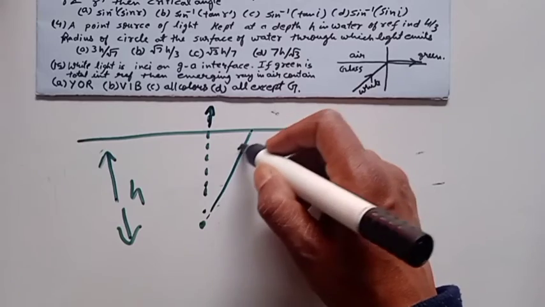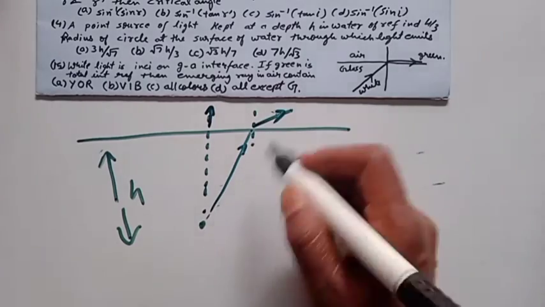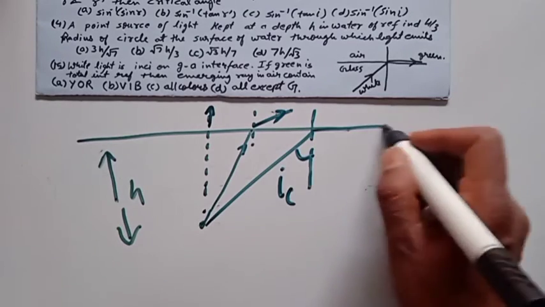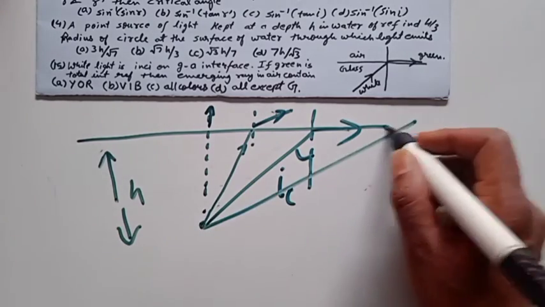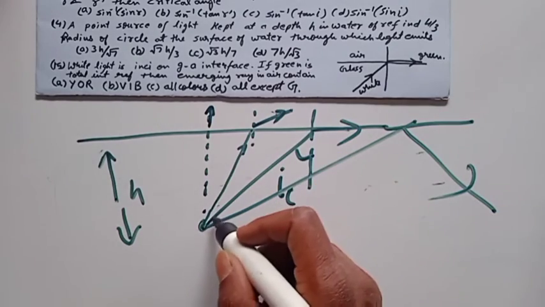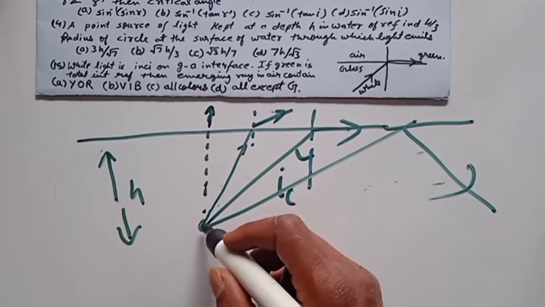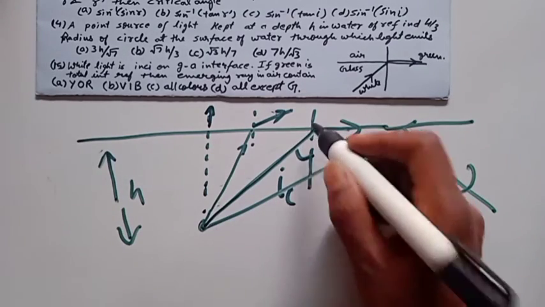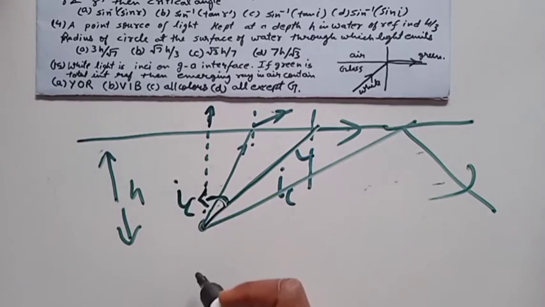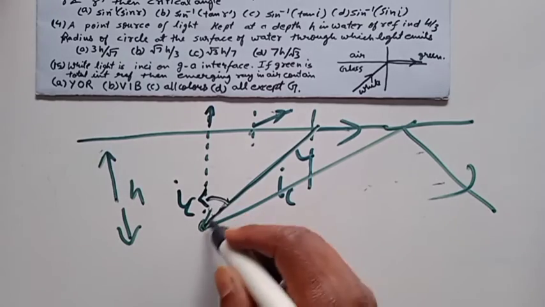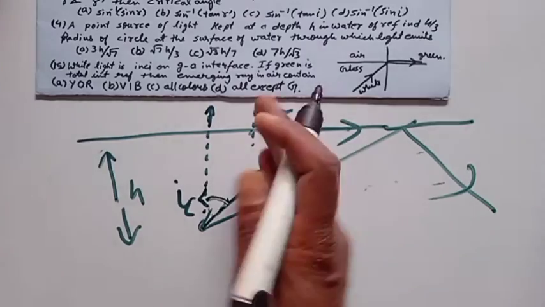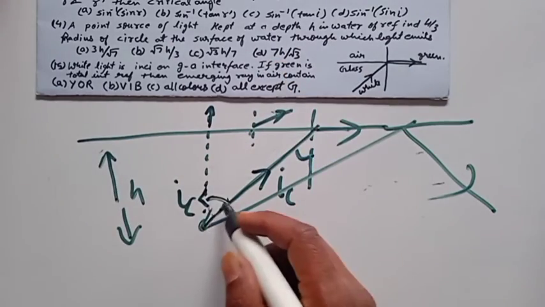If it is going this way, then it will move like this, but not always, because at the critical angle, it will graze out. And at an angle greater than that, it will reflect back. So, the maximum angle from which light can come out must be this. This is IC, and by simple geometry, this is also IC. At the critical angle, if it is incident, it will not go out, but for a smaller angle, it will go out.